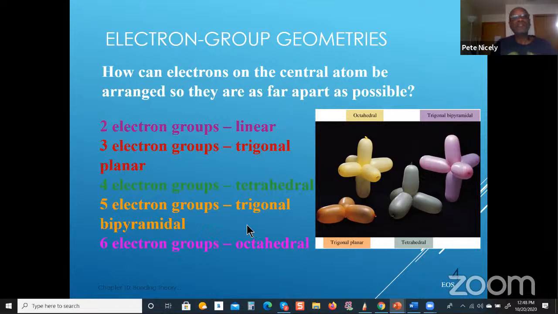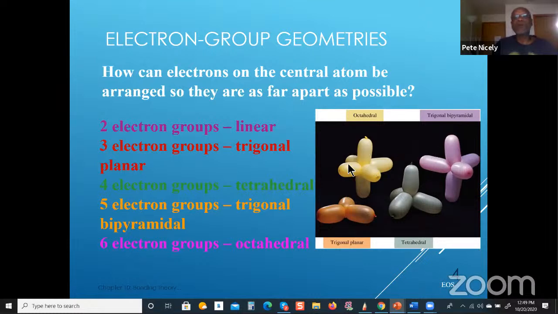If you have 5 electron groups, then the 3-dimensional geometry adopted would be the trigonal bipyramidal. And if you have 6 electron groups, then the geometry that would be adopted would be the octahedral arrangement. So these are the different arrangements of the electron groups.